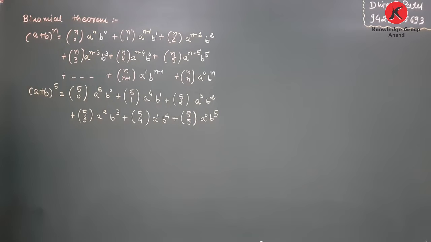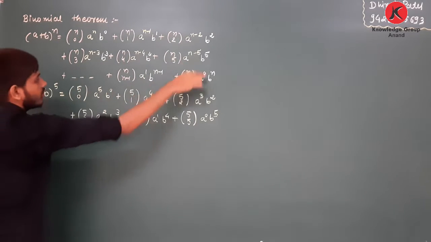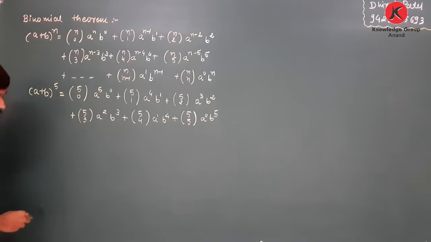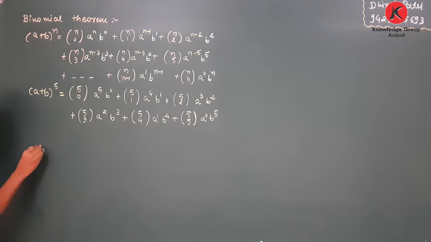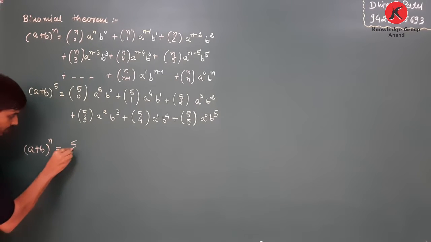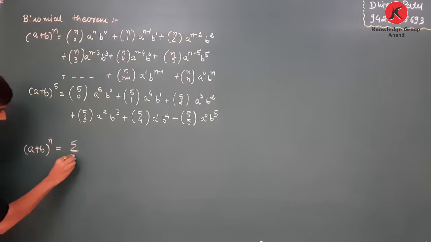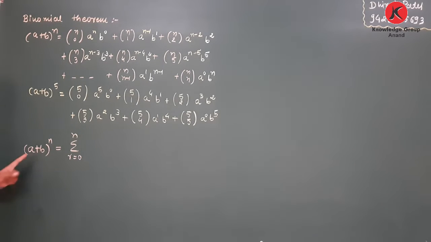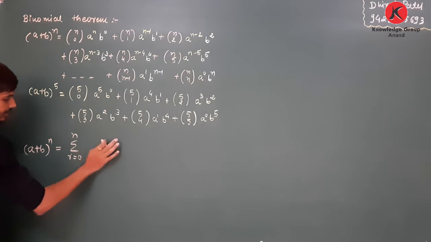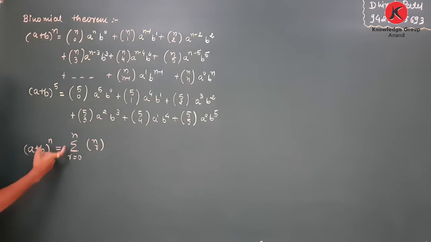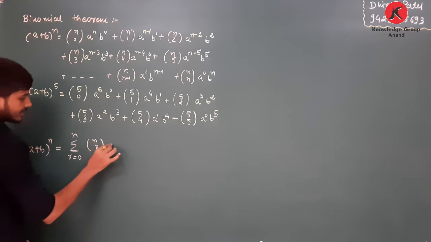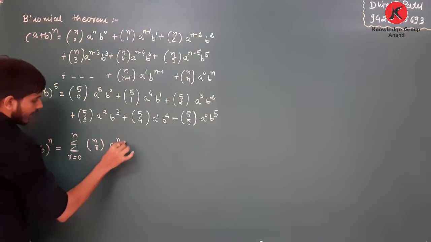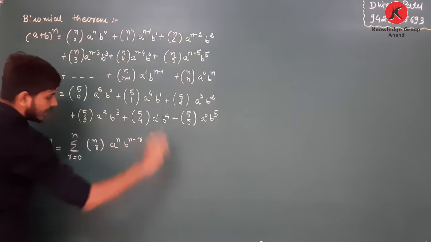Now the important logic: suppose we can write the expansion of a plus b raised to n. The expansion of a plus b raised to n can also be written as sigma r equals 0 to n nCr a raised to n minus r b raised to r.